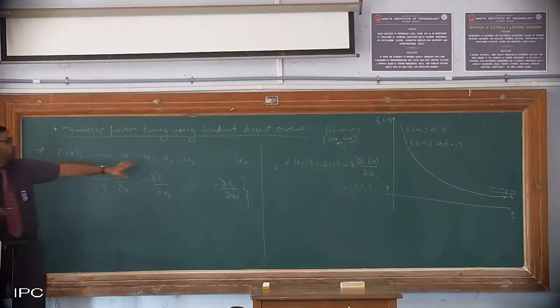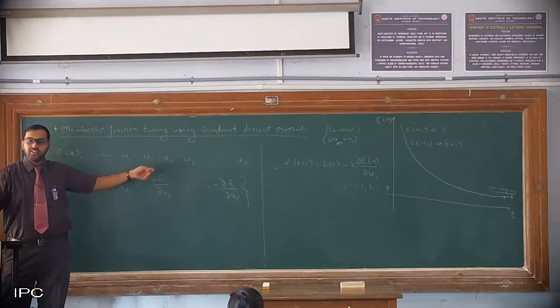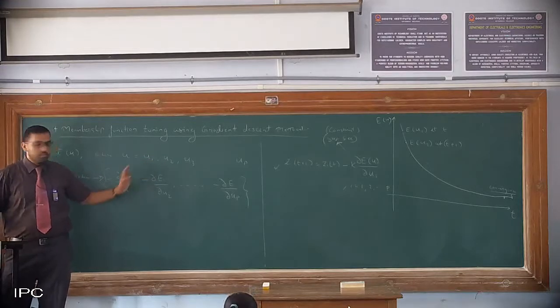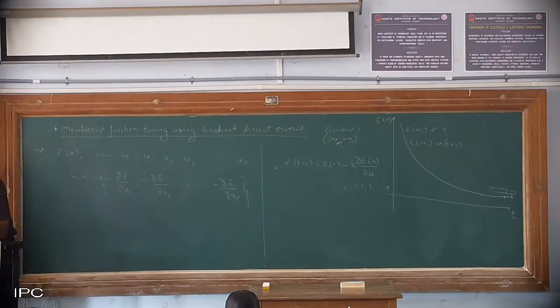This is u1, u2, u3, where i is equal to 1 to p. So what you can mention is, rules are fired on the input data to obtain the output u of i, where i is equal to 1 to p. 1, 2, 3, 4, p.